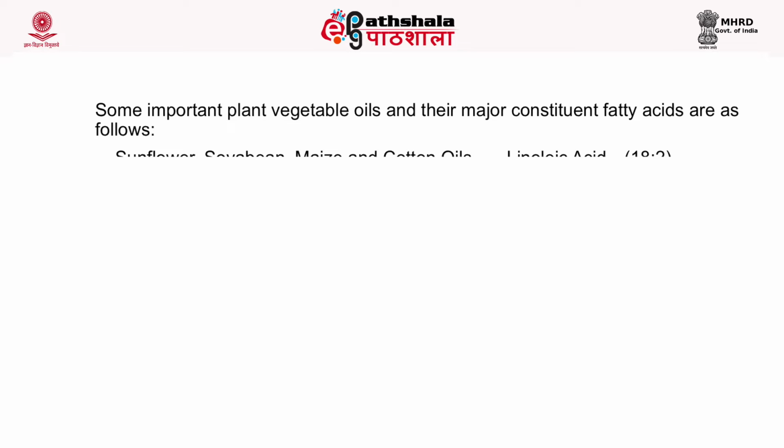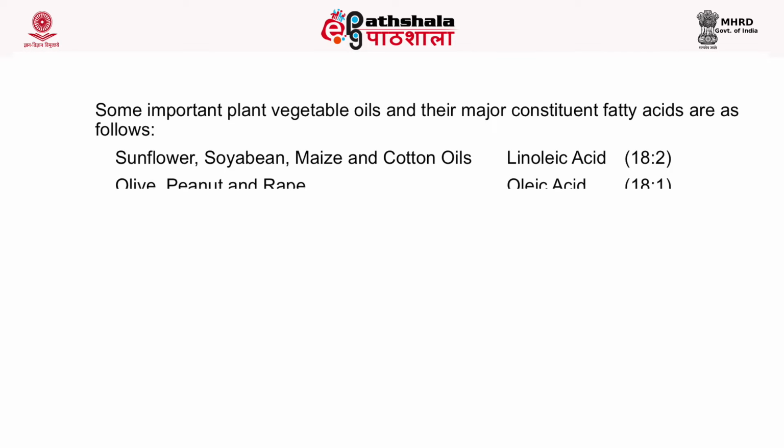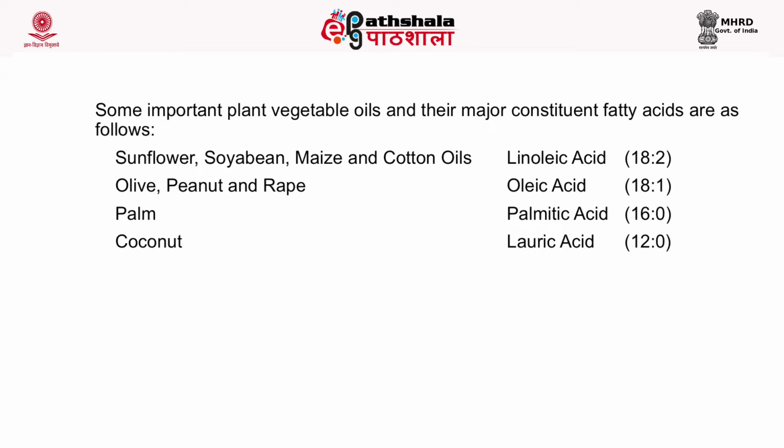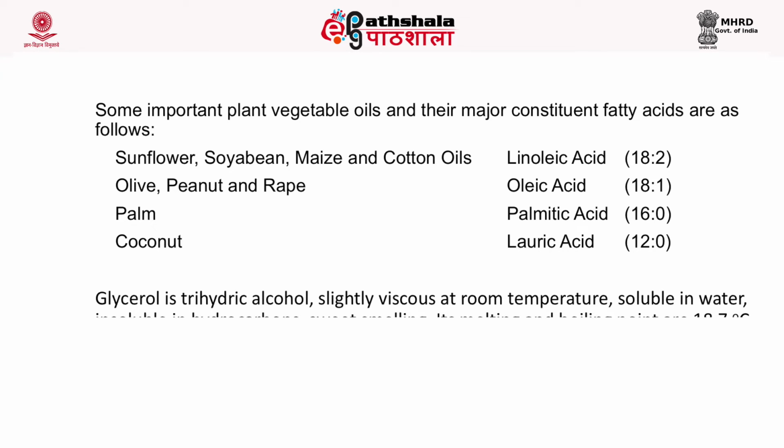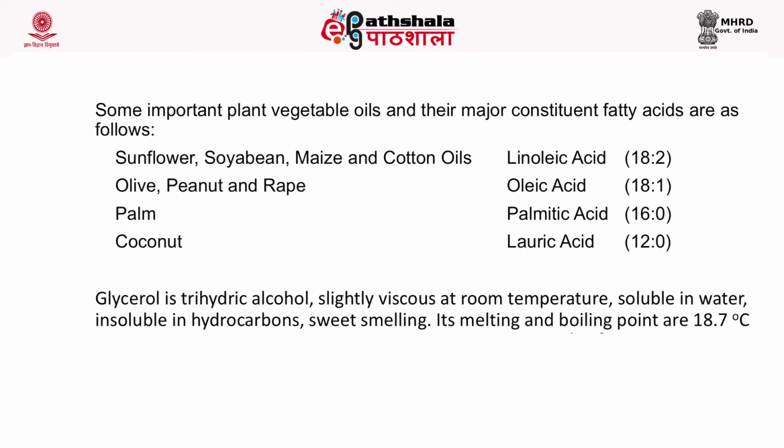Now, there are some examples of important oils and their constituent fatty acids, like sunflower oil, soybean, maize, and cottonseed. They contain linoleic acid, which has the formula 18 is to 2.